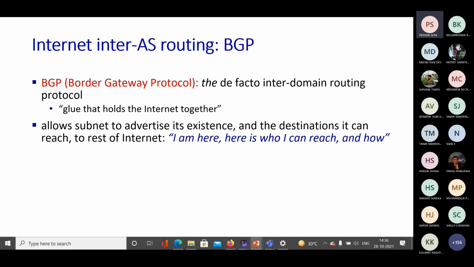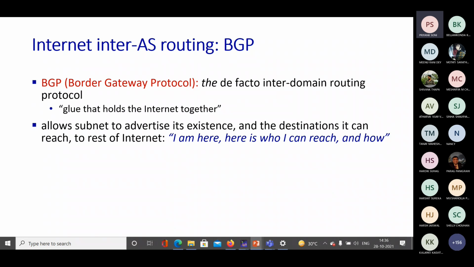If you think from the perspective of an ISP and its hosts, how the hosts are generally connected in a network, the first thing that will come to your mind is the subnet, right? All the hosts are connected as different subnets. Every subnet has to inform the network that it exists.